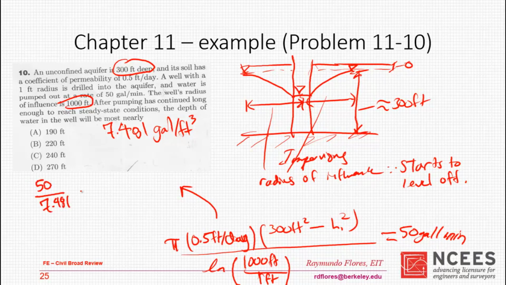Let's just put per minute for the time being. Actually, because there are how many minutes in a day? There are 60 minutes in an hour and 24 hours in a day. So that's how many minutes there are in a day.